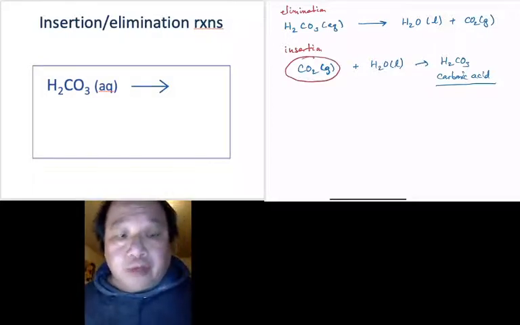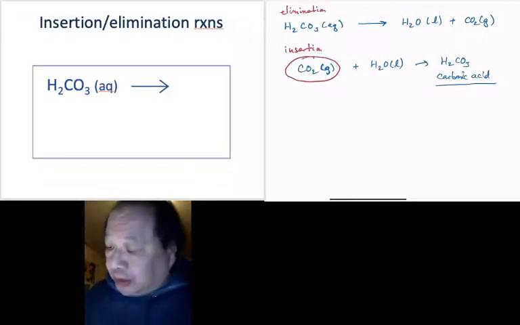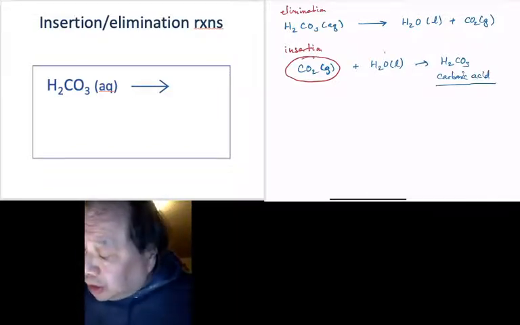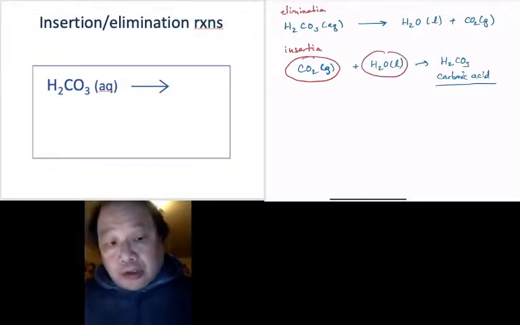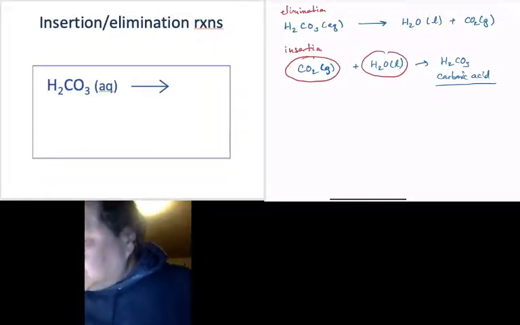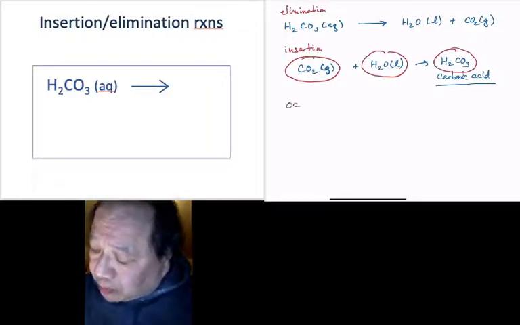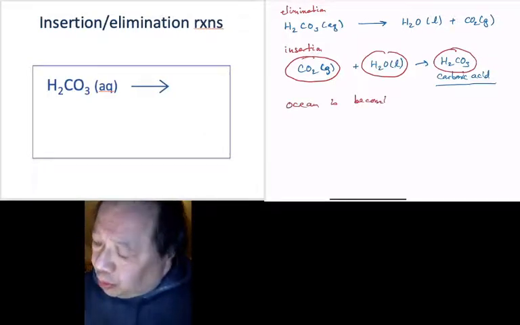The CO2 level is the highest that it's ever been. And where is there a lot of water? In the ocean. And so there's a lot of CO2 in the air now. There's a lot of water, which means that our oceans are making H2CO3, which means that the ocean is becoming more acidic.